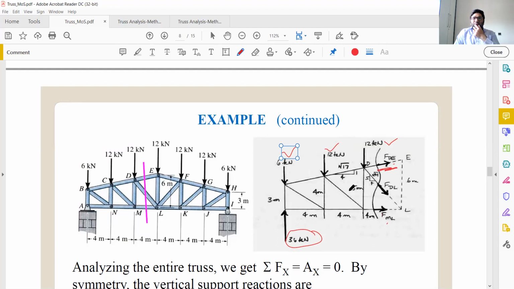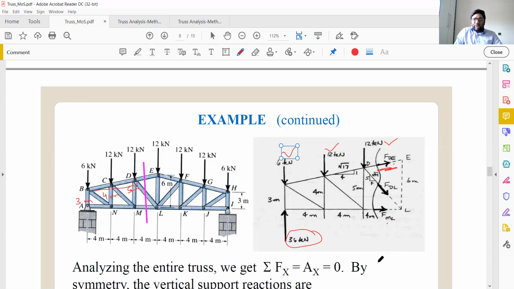Now here we need to just know these heights. So for that, horizontal is 4 and vertical is 1. Why 1? Because this is 3 meters, this is 4 meters, this is 5 meters. The additional part vertical is 1, here also additional part vertical is 1.